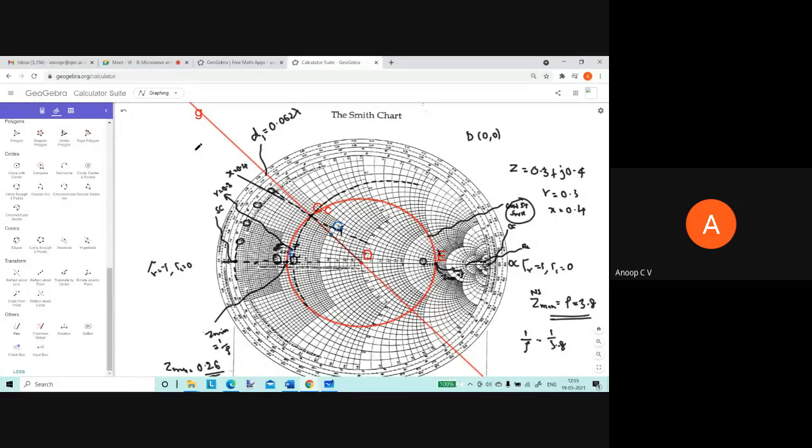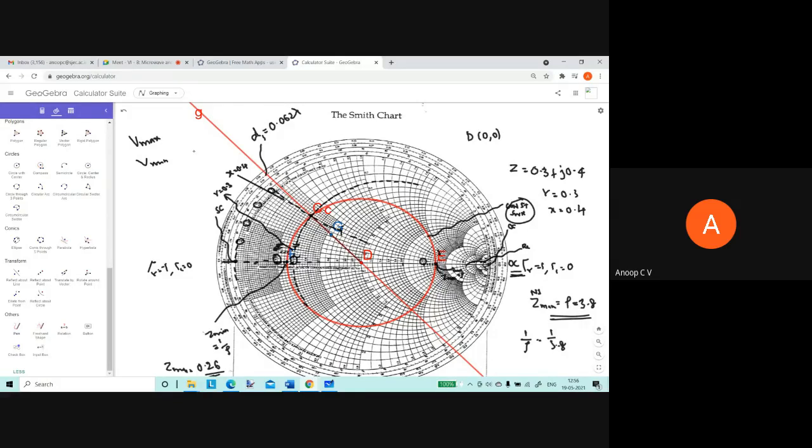Now I need to find the position of maxima and the position of minima. To find the position of maxima, I would request you to see point number 9 and point number 10. This is open circuit.